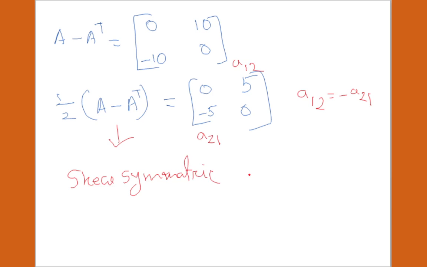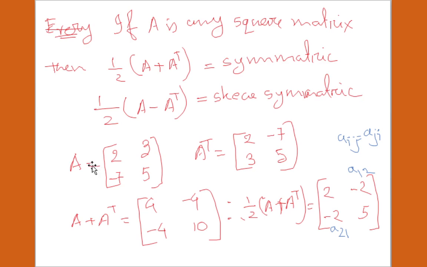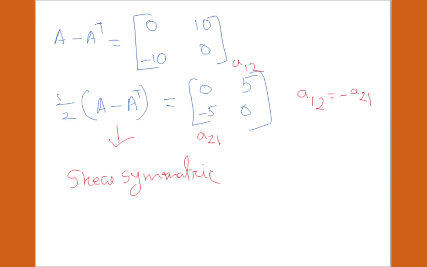So for any square matrix, half of A plus A transpose is symmetric, and in case of minus, half of A minus A transpose is skew symmetric. This is an important point.